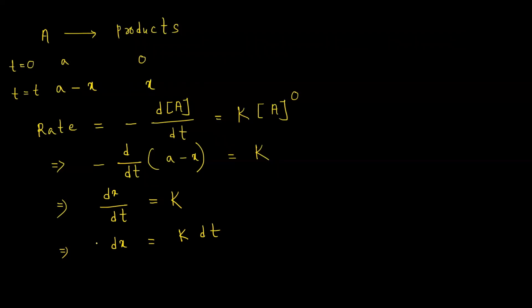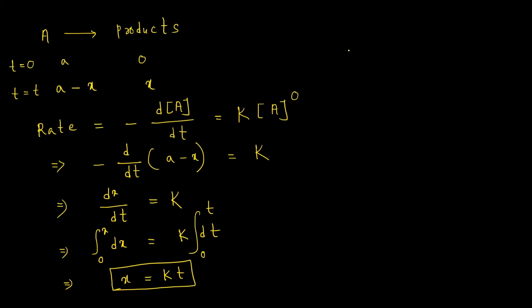Now we have to integrate. So we will integrate from 0 to x, and since k is constant, we will integrate from 0 to t. So after integrating, we found x is equal to kt.